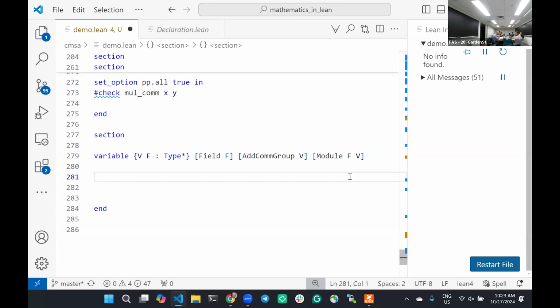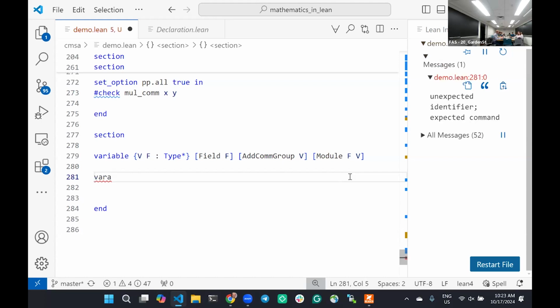And Lean has all that as well, and the connections between them: you have a matrix, it gives you a linear map, and so on. So suppose you want to talk about an m by n matrix over the real numbers.